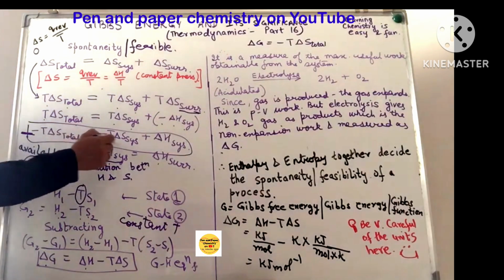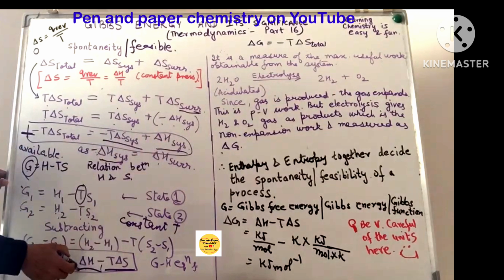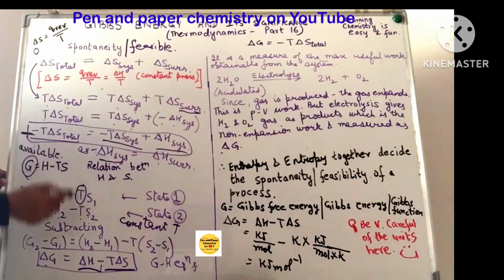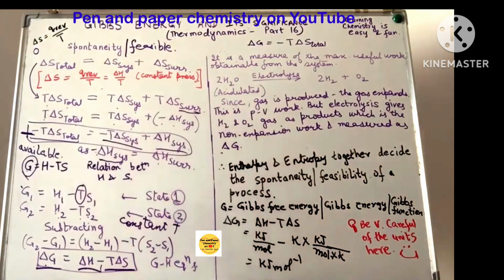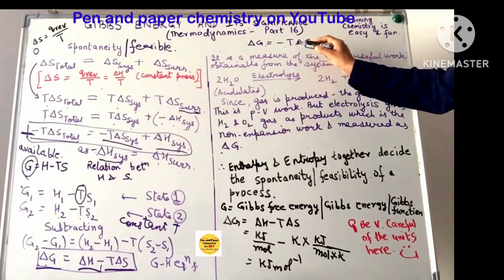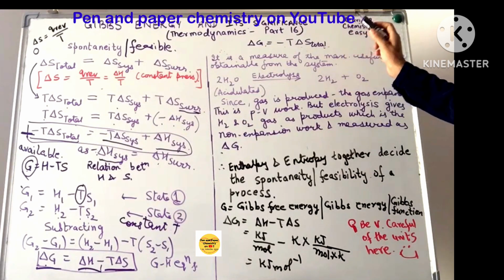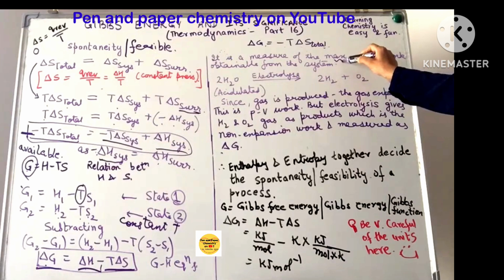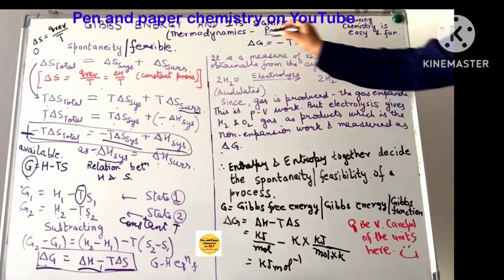Delta H minus T delta S system, minus T delta S total, is equal to delta G. So drawing an equivalence between the two equations, we have the mathematical value of delta G defined as minus T delta S total. So it is a measure of the maximum useful work obtainable from the system.